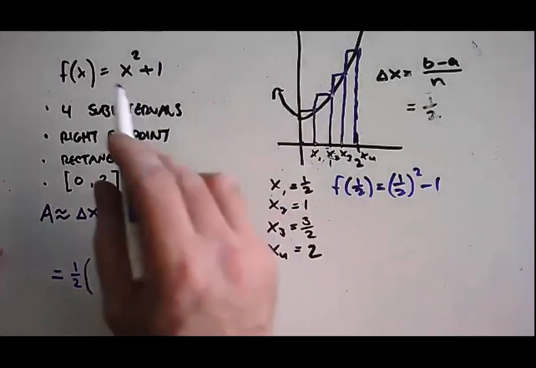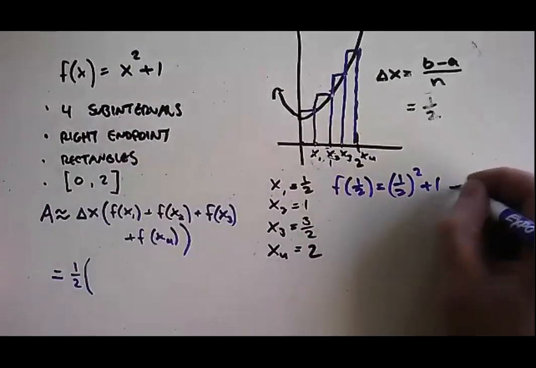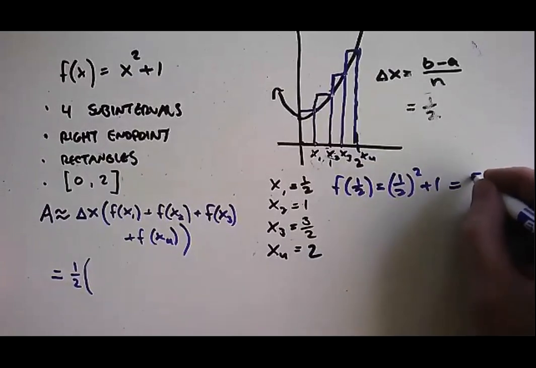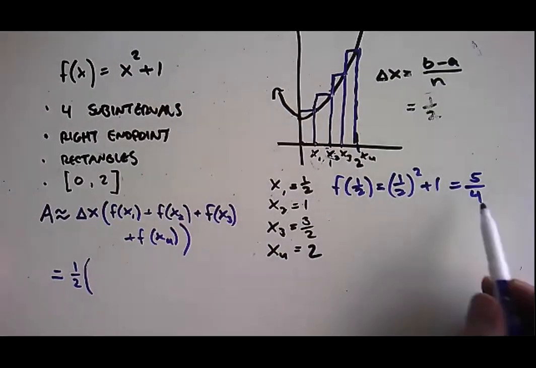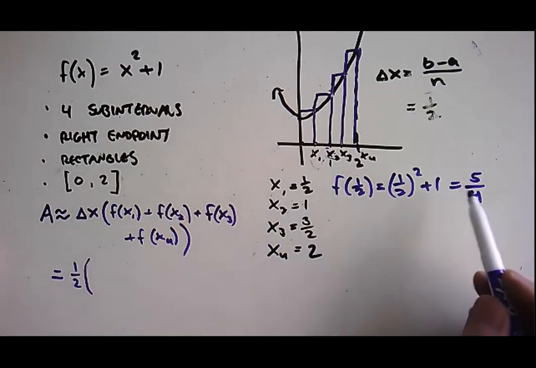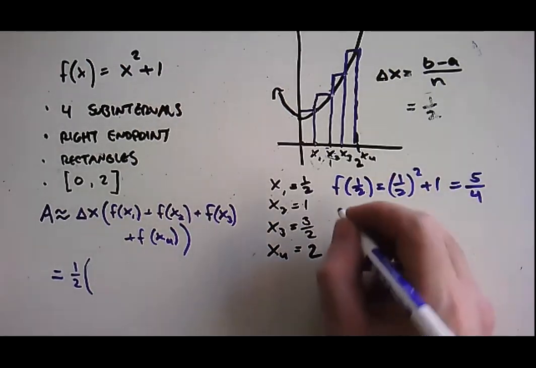I've just plugged that x value into our original function. 1/2 squared is 1/4, and 1/4 plus 1 is 5/4. I know there are some extra fraction steps here. I'm recording this, so if you want to go back, pause, and do this work on your own, I'd encourage you to do that. I want to move quickly through this in case there are questions about other problems as well.